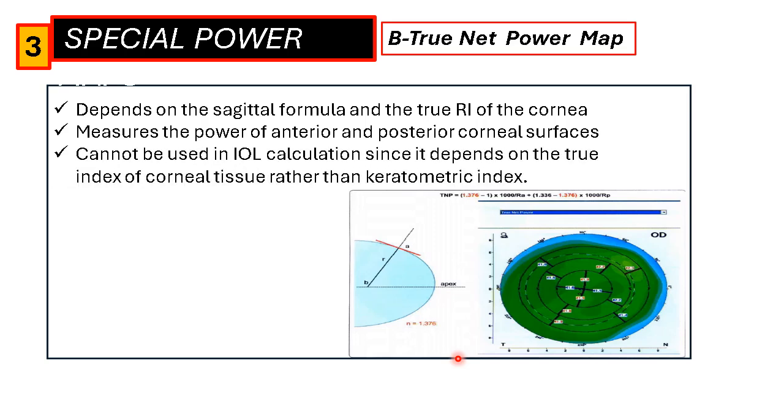And also it cannot be used in the IOL calculation because it is using the true refractive index, not the keratometric index. The keratometric index that's used for the central 3 millimeter uses an assumption of the refractive index, but this uses the real value of the refractive index for both the anterior and posterior surface of the cornea, and it applies Snell's law for the calculation of the power of the cornea.